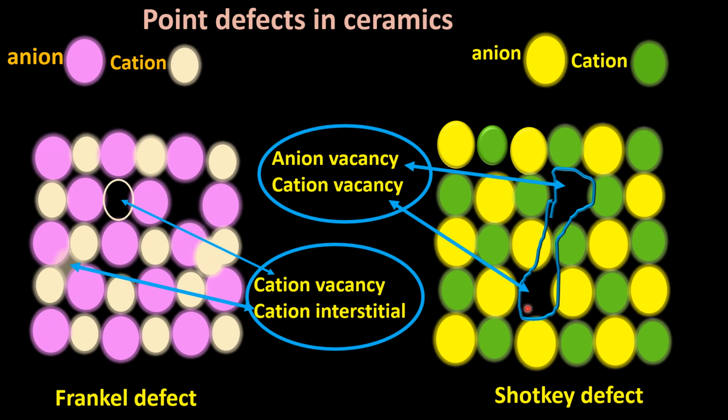In order to maintain the electrical charge neutrality, one cation will move to the outer surface. So these defects always occur in pairs. When there is an anion vacancy, there is a cation vacancy. These are the kind of point defects which occur in ceramics.